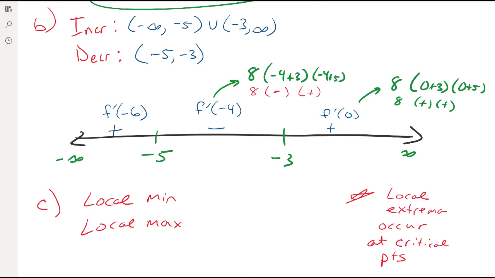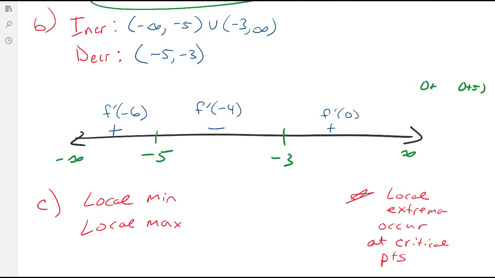All right, so let me erase our previous work here. And so to determine the location of any local min or max, you're going to draw a little picture around your analysis. What I mean by that is, look at -5. What we said is that to the left, our first derivative is positive, means we're increasing.